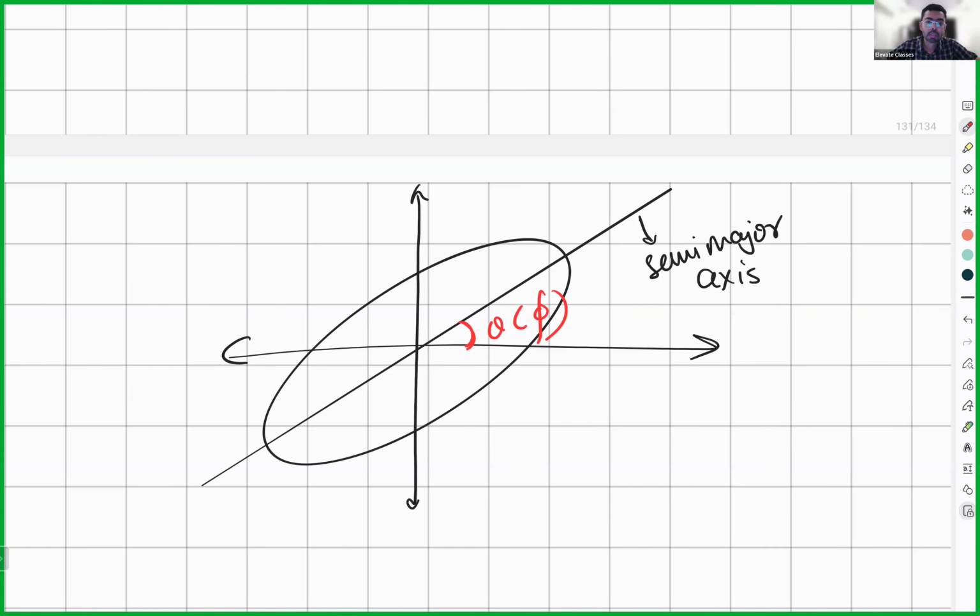So you see, this is a tilted ellipse, x and y, and the semi-major axis has a tilt of angle theta from the positive x-axis. Now this tilt can be written as a function of phi. Let us write that down.